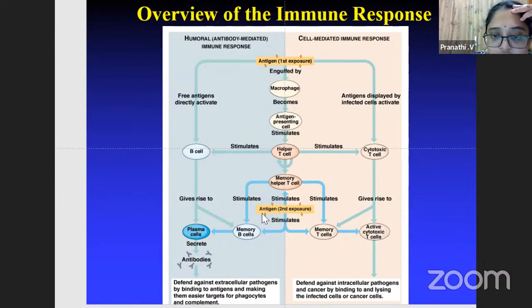At the second exposure, whenever there are memory T cells, they will remember that, okay, this is an antigen which has already been exposed earlier. So we will have to kill it because we do not want that entity inside the body.